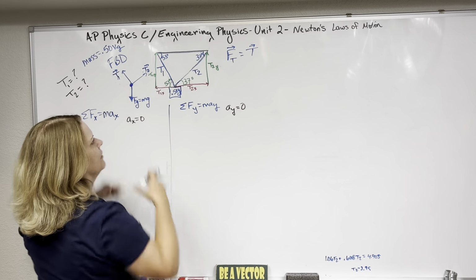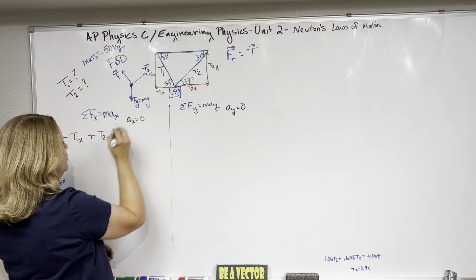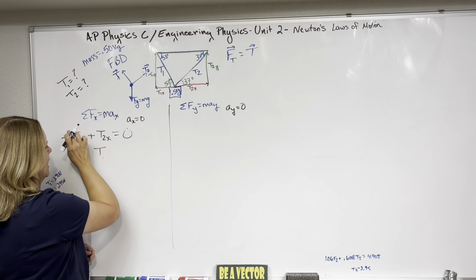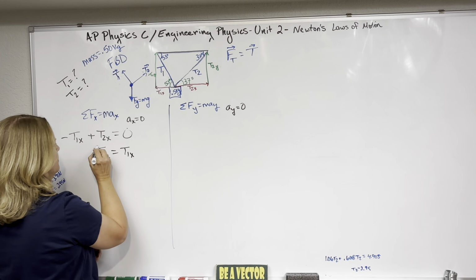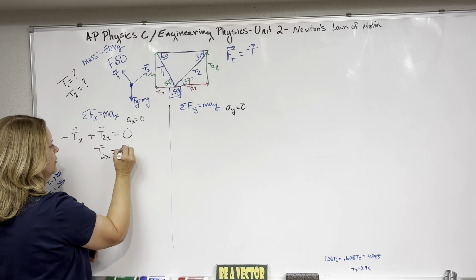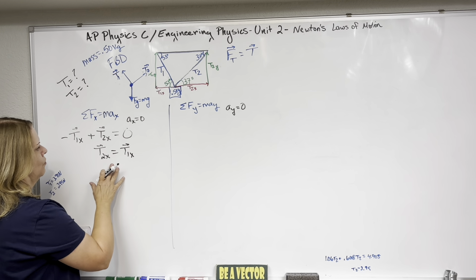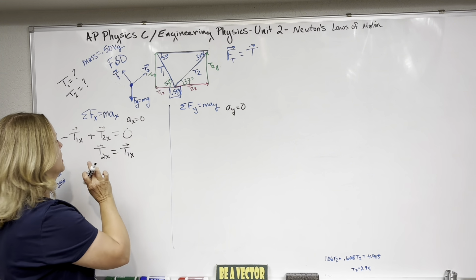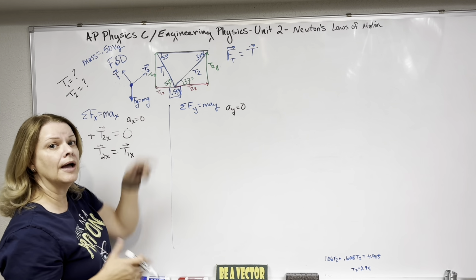So here we go. I have tension 1 in the x direction, and that's west, so it's negative, plus tension 2 in the x, which is east, is positive, is equal to 0. I'm just going to add my tension 1 in the x over. Now remember, all of these are forces, they're vectors. I'm just not going to take time to write all of my arrows and waste your time. Now I would like these two horizontal components in terms of the whole tension, the hypotenuse.